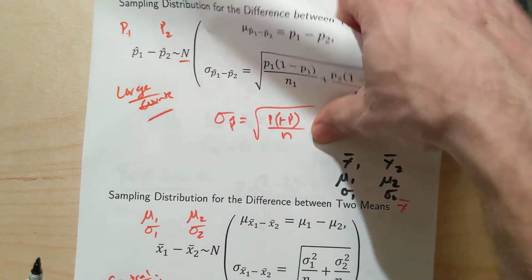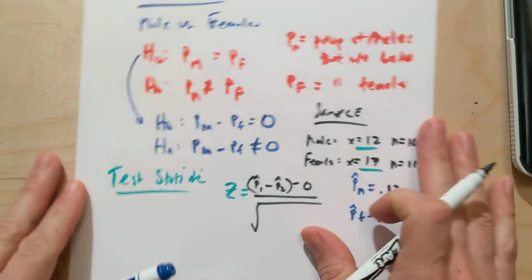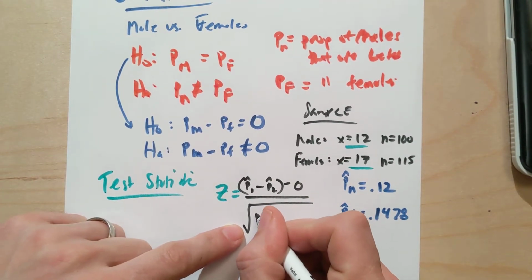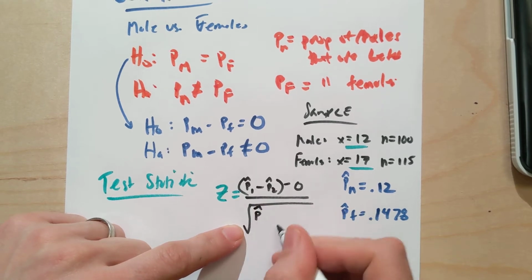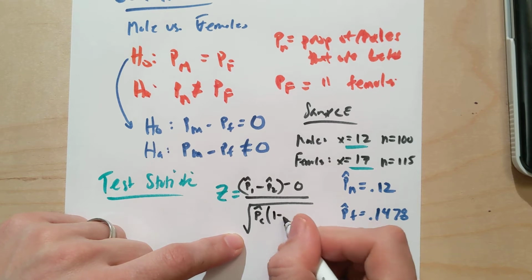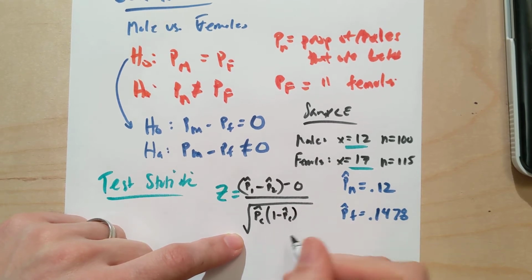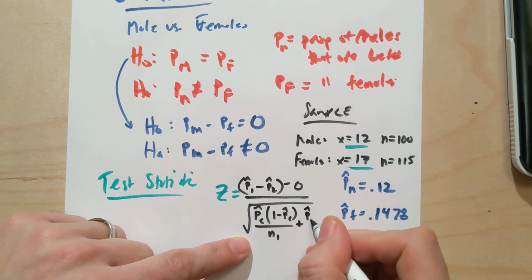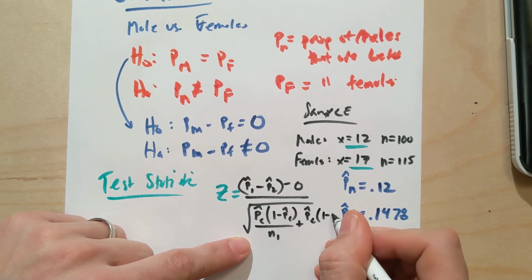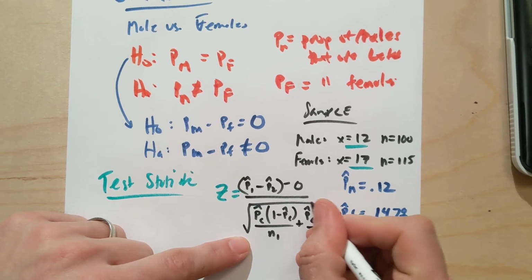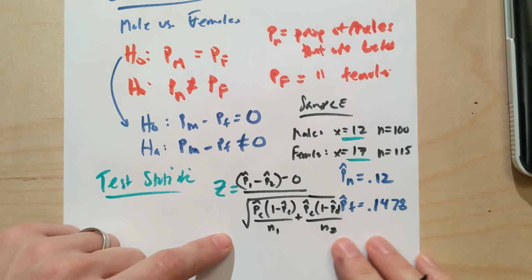We're going to use something very similar here when we're doing our test, except there's going to be a key difference. The way we actually do this is we're going to have p-hat c times 1 minus p-hat c over n1, plus p-hat c times 1 minus p-hat c over n2. I'm sorry that I wrote that a little bit small. It's a little tough to read.